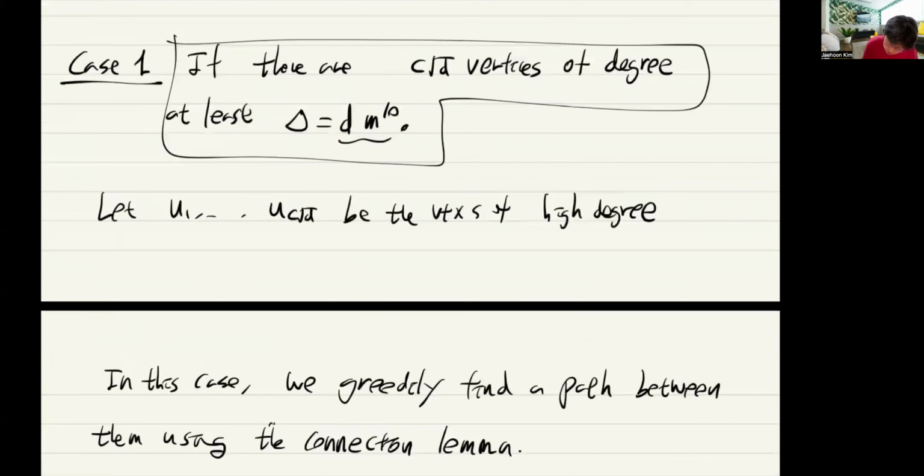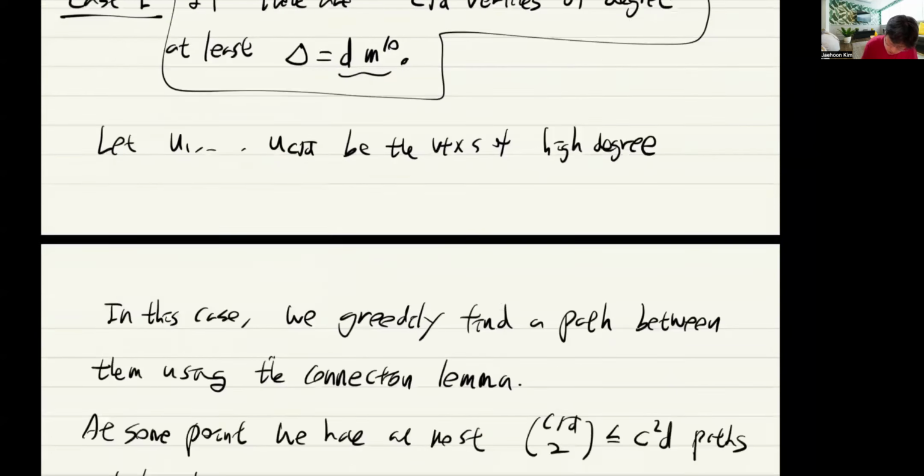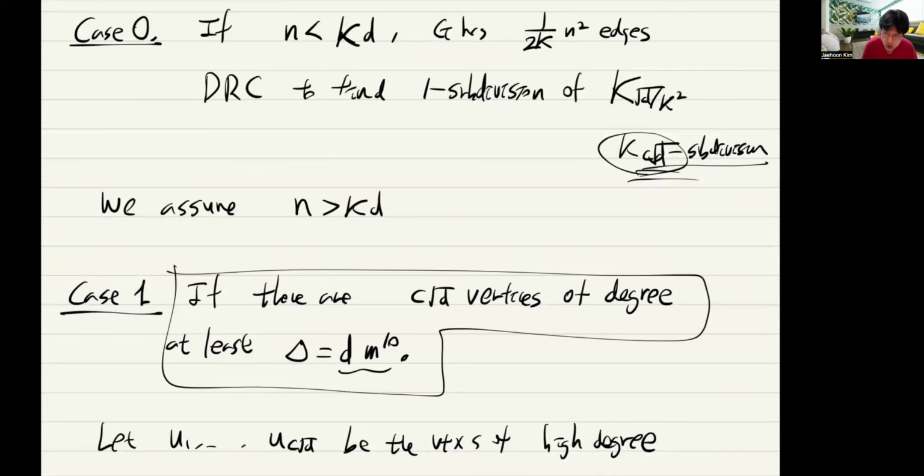I mean, the number of high degree vertices is small, so it's okay. That's something times square root of D.